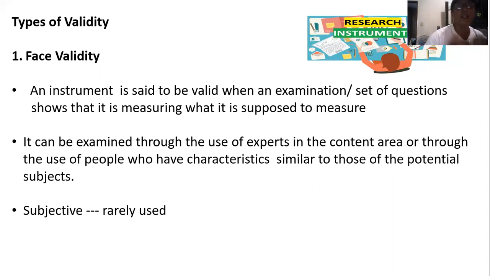So where can you look for the available instrument related to your study? Siguro yun yung tumatakbong tanong nyo eh. Where can you look for the available instrument related to your study in as far as content validity is concerned? Well, simply lang. Go to Google Scholar. Go to Directory of Open Access Journals, DOAJ. Alam nyo na yan.